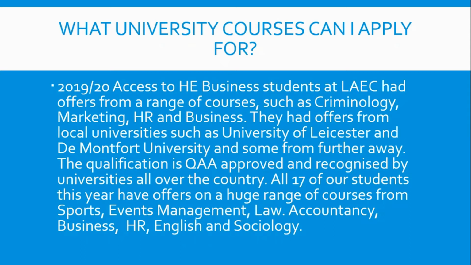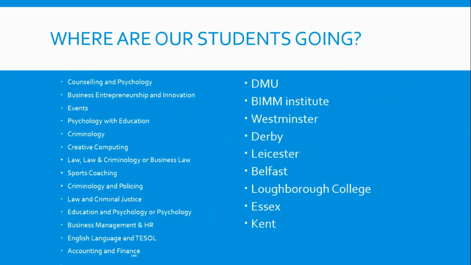Things like nursing degrees do expect you to have access to nursing in particular, which unfortunately we don't offer. But people that are going on to generalised health studies, for example, at De Montfort University, can access that course with business studies or social science. So don't think you're restricted in what you apply for by the subject that you've chosen at access level.